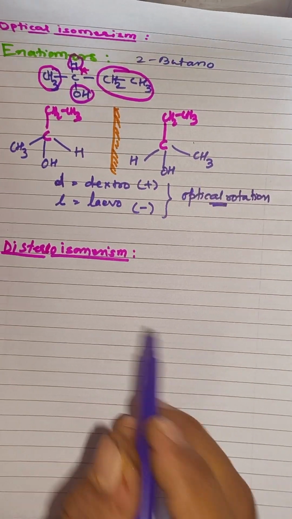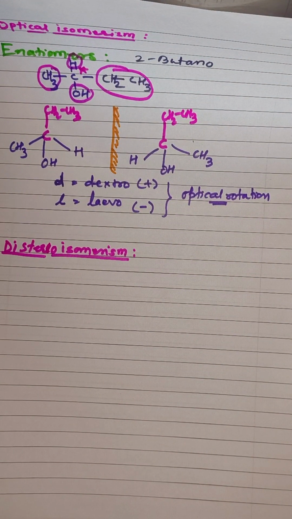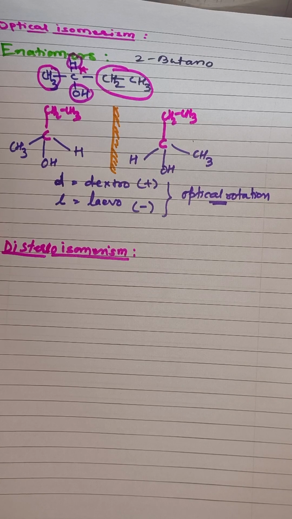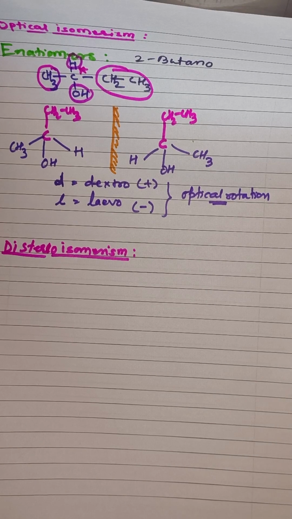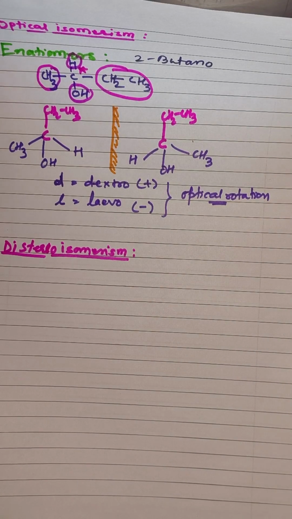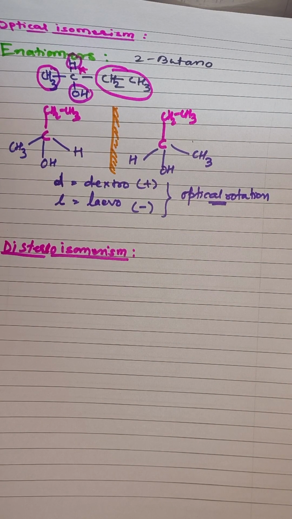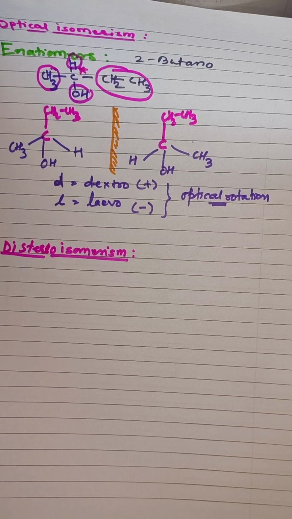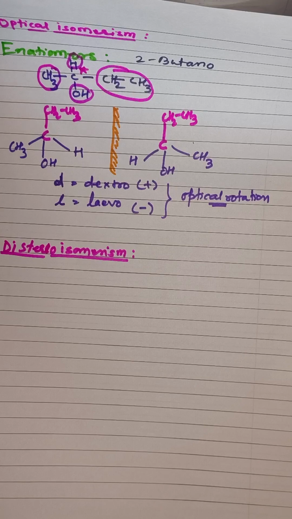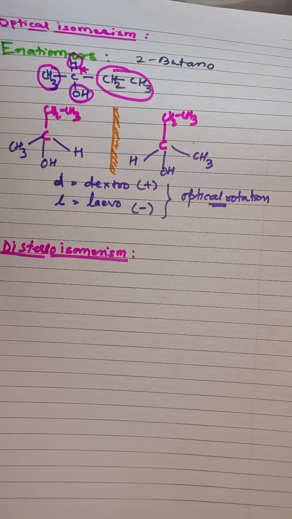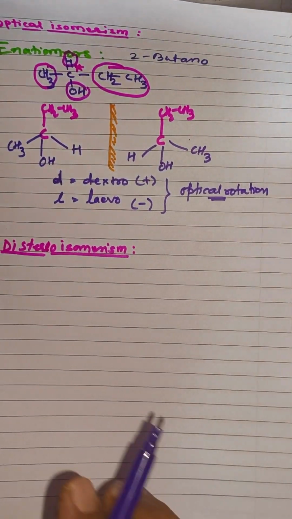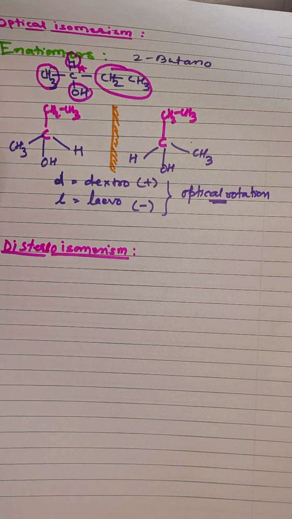Now what is the meaning of diastereoisomers? These diastereoisomers are again stereoisomers, having the same molecular formula and sequence of bonded elements, but which are non-superimposable, non-mirror images. That's why they are called diastereoisomers.